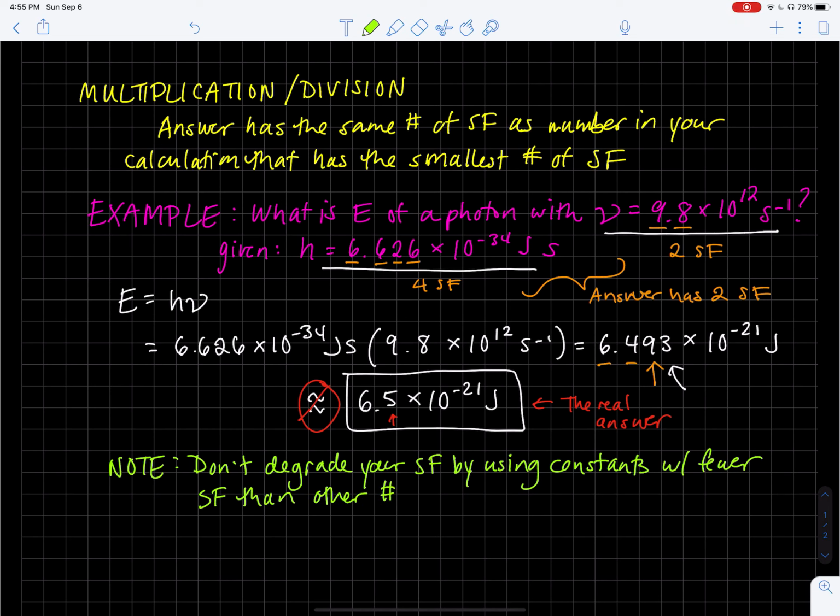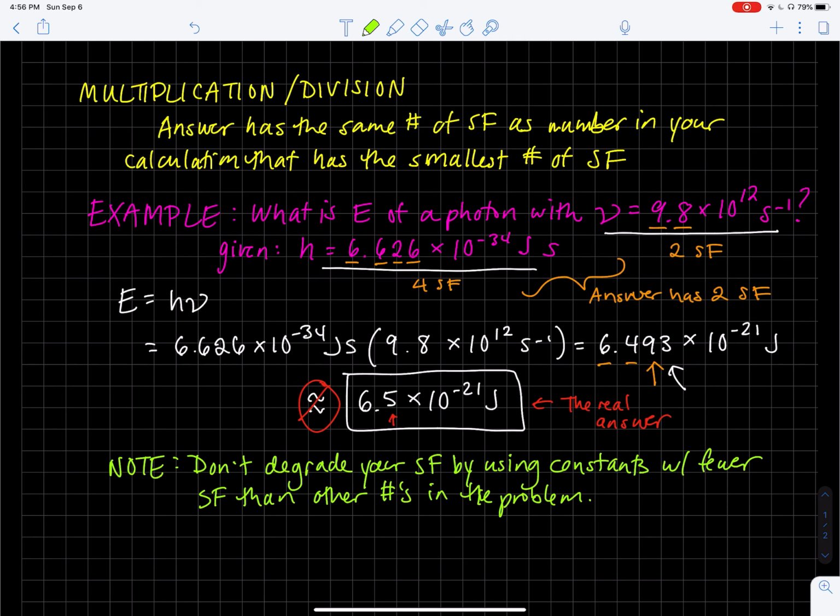So in this case, the constant was Planck's constant, and I gave you Planck's constant with 4 sig figs, which is normally what I do with it. The number that's the quote-unquote measurement in the problem here is the frequency, 2 sig figs.